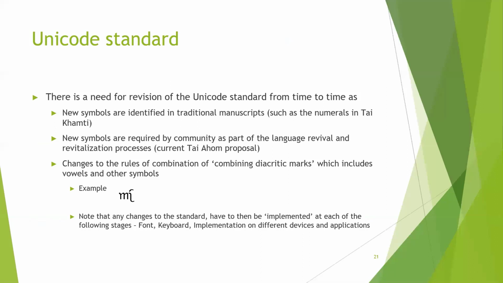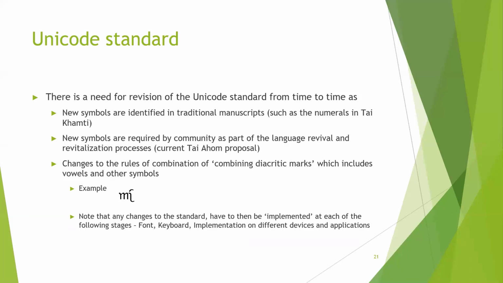In connection with the scripts we're talking about today, this can involve the case where we identify new symbols in traditional manuscripts. There's a discussion going on at the moment about some numerals in Tai Khamti that are not currently encoded, and collecting evidence for those and what forms they should take.